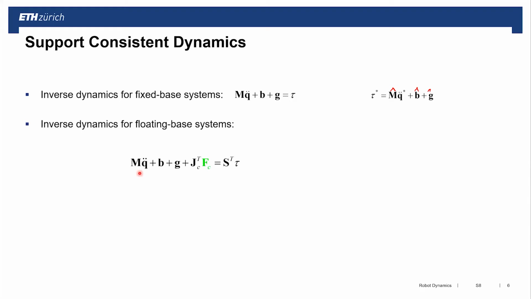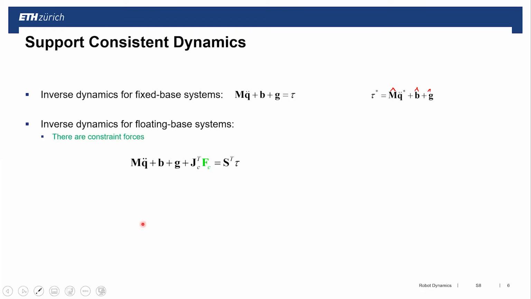So what you want to do is reduce the dimensionality of this equation into a subspace where this part drops out. Then you have only a part which is motion and a part which is torque. And this is what we are doing.